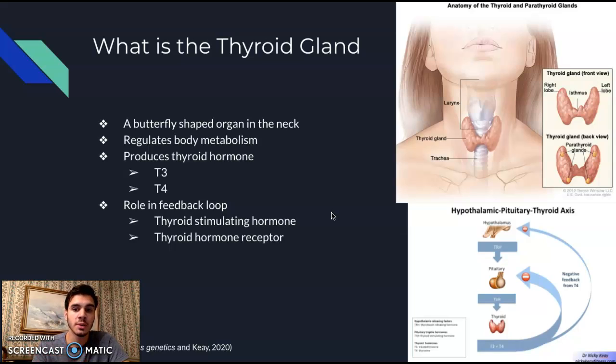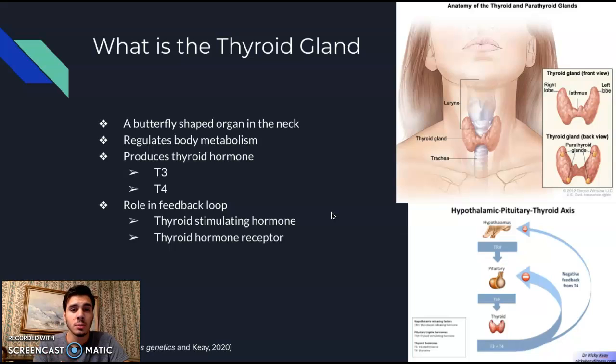When it is picked up by the pituitary gland, if the levels are too low, the pituitary gland will create TSH, which will then signal for the thyroid to create more thyroid hormones.